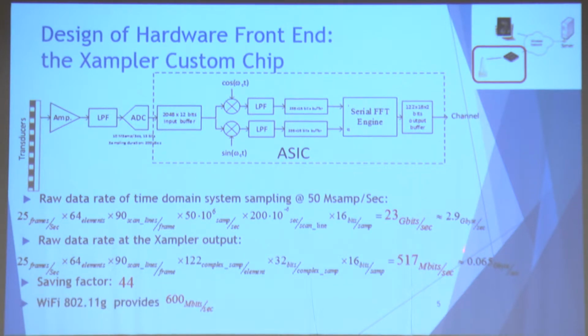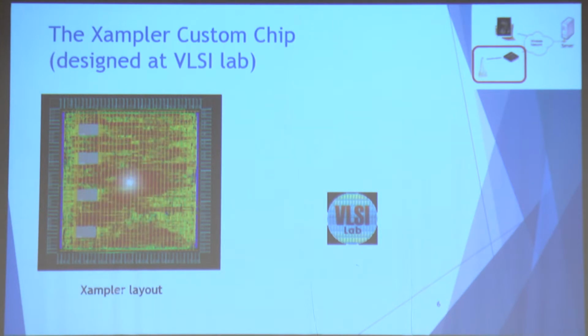And these 517 megabits per second can be transmitted over a standard home router, which in 802.11g provides 600 megabits per second. And this is what we got from the VLSI laboratory, that after a few months of work have provided the layout and post-layout simulations that prove that this chip is feasible.